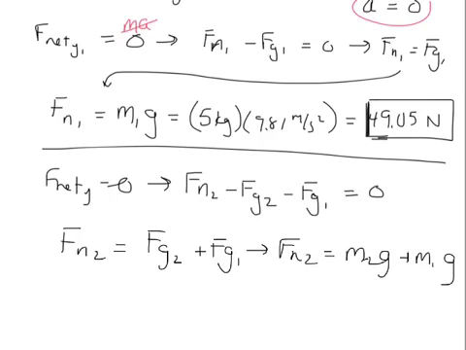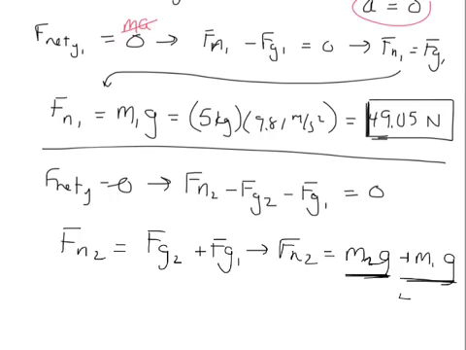The weight of the second object plus the weight of the first object. Now, notice here, you're really just adding the weights together, and that makes sense. If you sit on a chair, the normal force is no longer just the weight of the chair pushing back up, but it's the weight of the chair plus your weight acting on top of it. So we have to add together the weight of the big object and the weight of the small object, and that's what the table is really holding up.